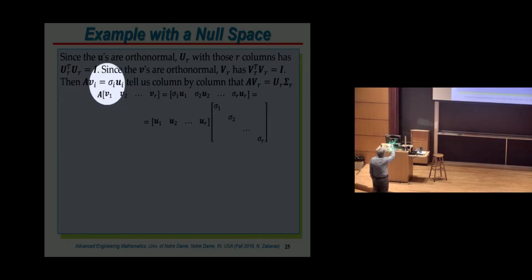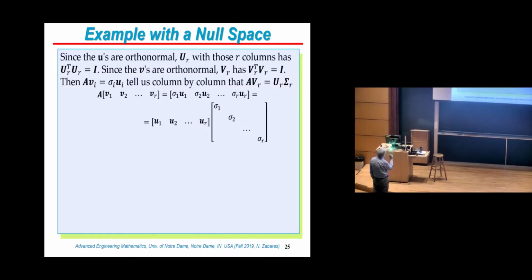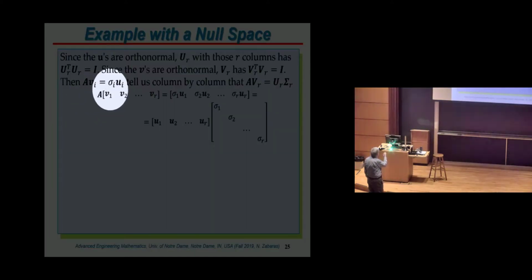But there is no guarantee, as I mentioned, that if you apply A times Vi, you will get something in the column space, and those vectors will be orthonormal in the column space. There's no obvious statement why that is the case. But if we take this as a definition, so if we define A Vi equals sigma i Ui, I can write this in matrix form as you see in this equation. Will you agree with me? So A times V1 will be sigma 1 U1, and A times V2 will be sigma 2 U2, and A times Vr will be sigma r Ur.